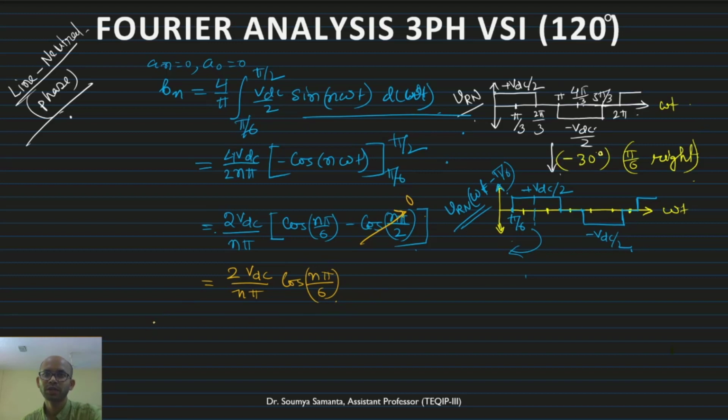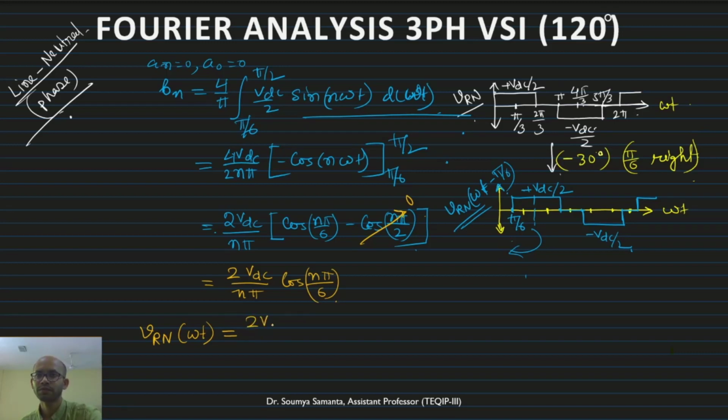Now what will the final expression be? I am giving the final expression after shifting to the right, as I have shown the process earlier, so I am not repeating that part. Basically this will be VRN, only I am doing omega t, not omega t minus pi by 6, so directly I am going to shift this one.